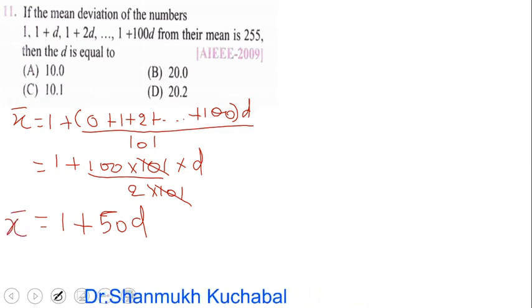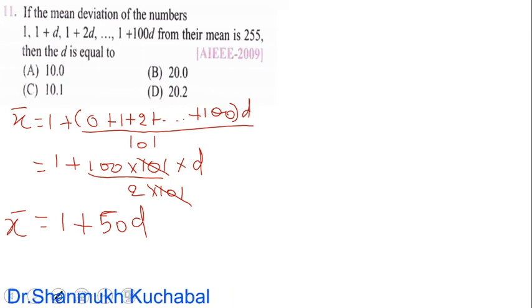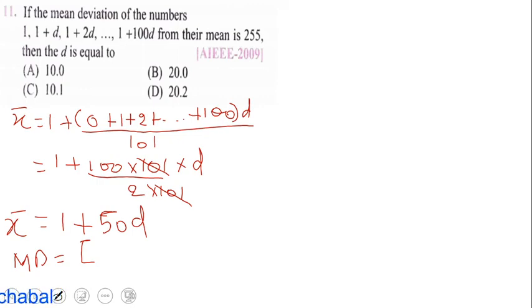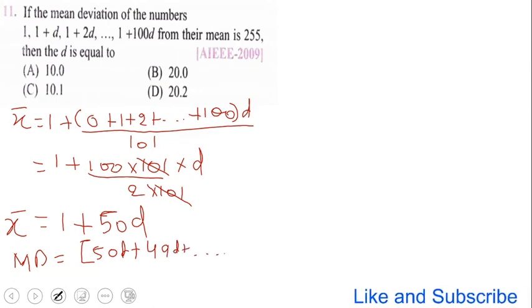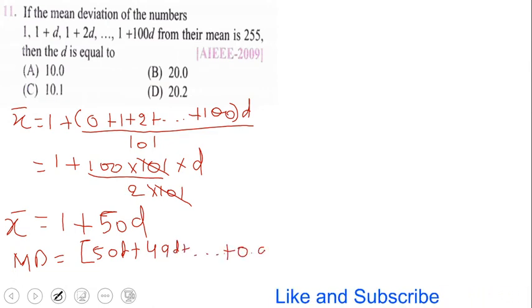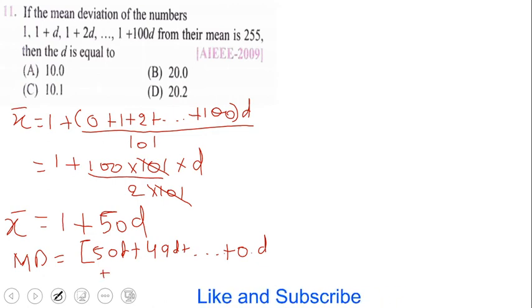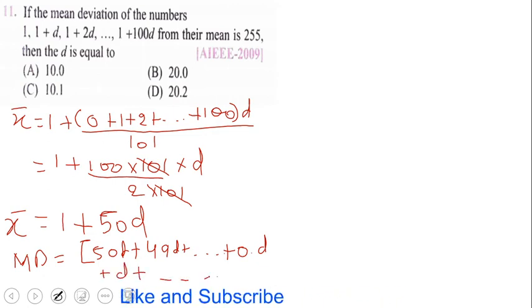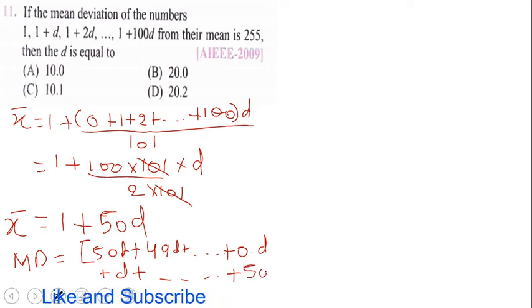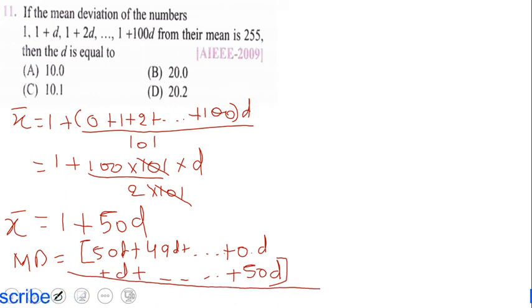Then we have to calculate the mean deviation. So mean deviation is equal to 50d, 49d, down to 0d, then we get 1d, 2d, up to 50d, whole divided by 101, because totally we have 101 pieces of information.